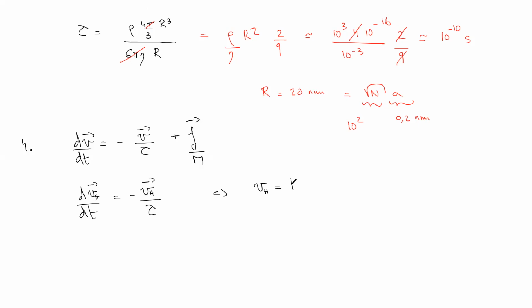Let me call it B times the exponential of minus t over tau. All right, and now we will do the variation of the constant. So, assume that the solution of the real equation is this one, but B being allowed to be a function of time.